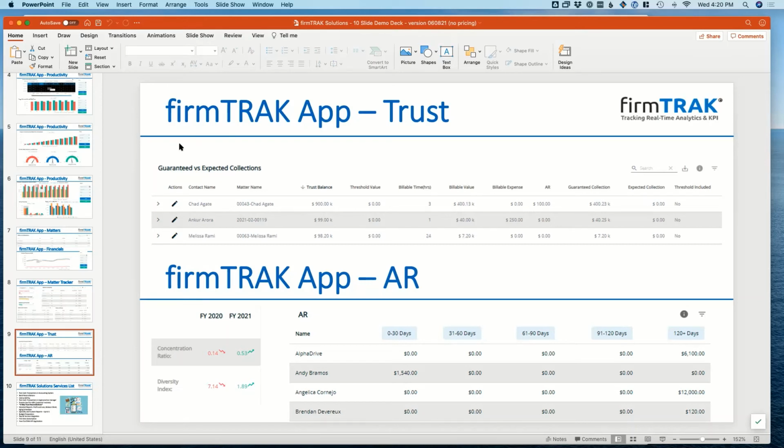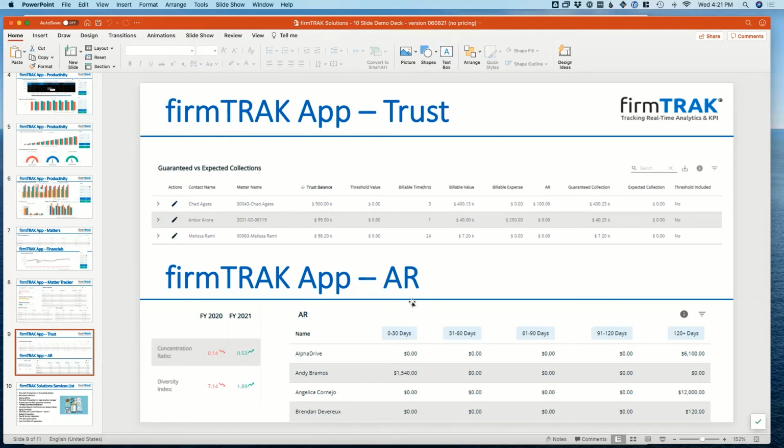With our firmTRAK app accounts receivable tool, we take all of your accounts receivables and we can categorize them into various columns or buckets. And typically they're the 0 to 30, 30 to 60s as shown on the app. If you have another type of breakdown that you would like to see, that's easy to modify within the system, and you could see 0 to 45, 45 to 55, however you want to view it.